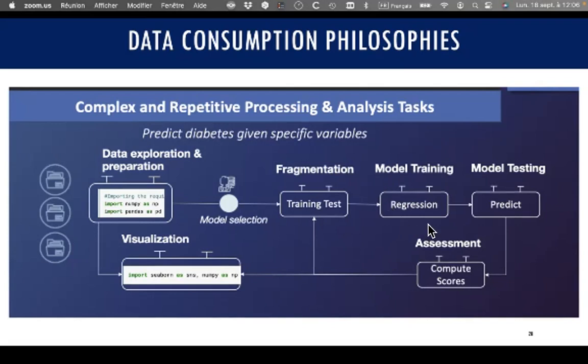Then I will train the model with this training set, and then I would test the model with the remaining set and compute scores in order to determine to which extent it is able to predict diabetes cases, okay? And so forth until I define it.